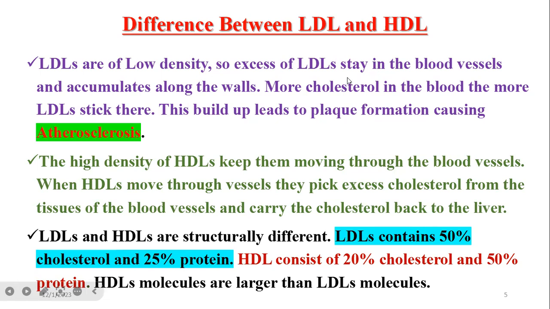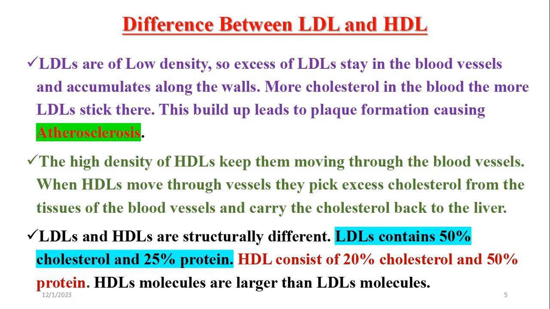Now, what is the difference between HDLs and LDLs? LDLs are low density, so excess of LDLs stay in the blood vessels and accumulate along the walls. The more cholesterol in the blood, the more LDLs stick there on the inner walls of the blood vessels. This builds up the plaque, and this plaque formation is called atherosclerosis.